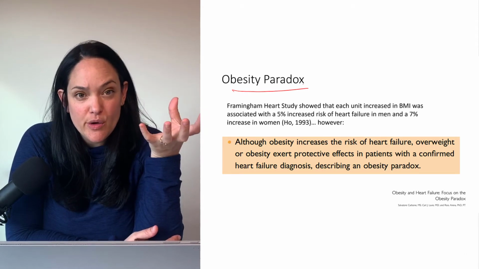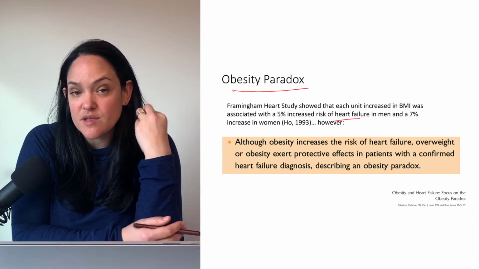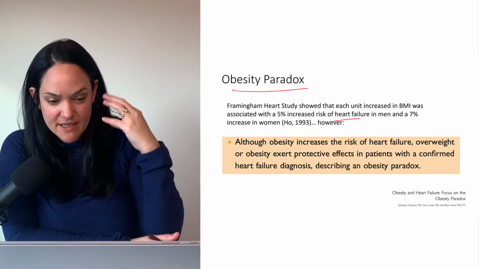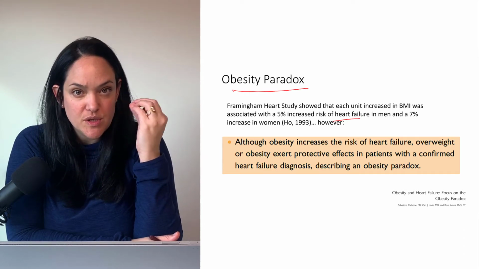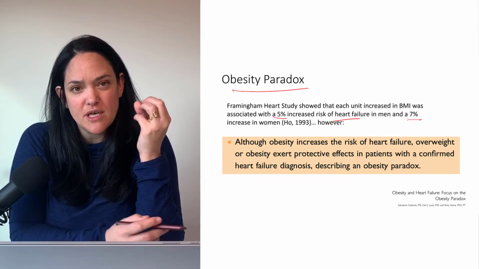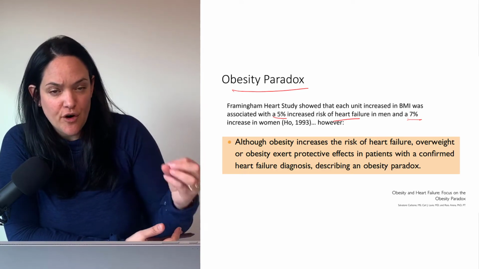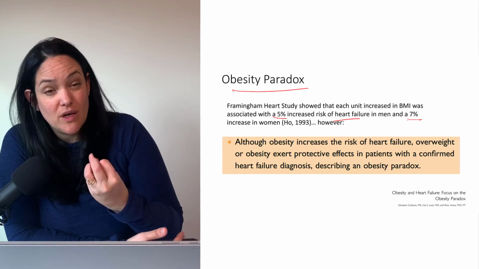And although we know that obesity significantly increases the risk of heart failure, this has been shown by Framingham data decades ago, that each unit increase in BMI was associated with a 5% increased risk in men and 7% in women of heart failure. So the relationship between obesity and heart failure is well established.